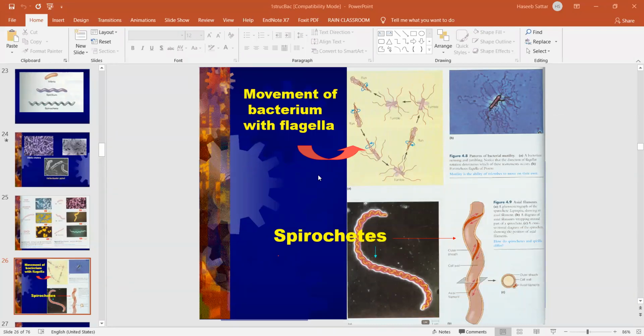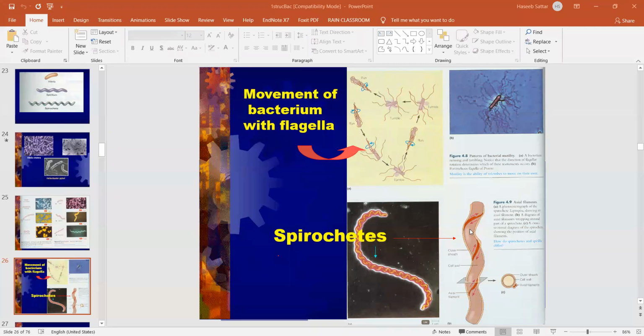Uniflagellate means that the bacteria only has a single flagellum, while some bacteria, like the one you can see here, have multiple flagella. So we have bacteria with a single flagellum and bacteria with multiple flagella. We will discuss these cell organelles later.